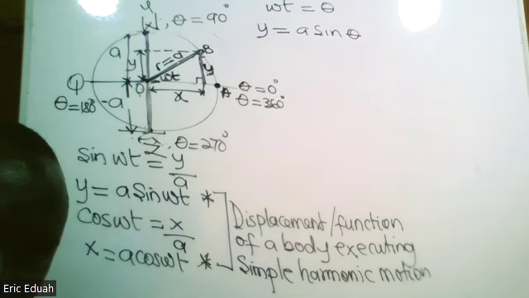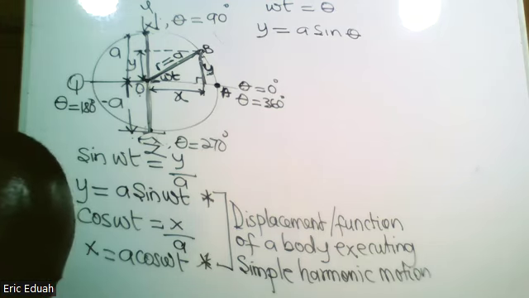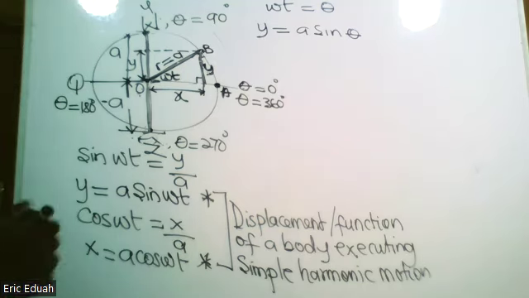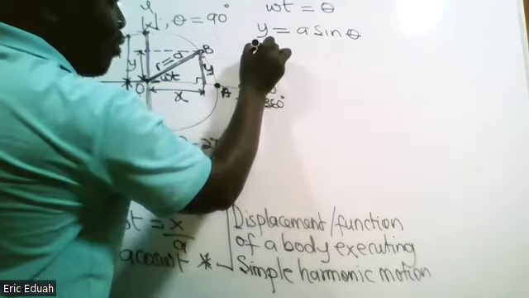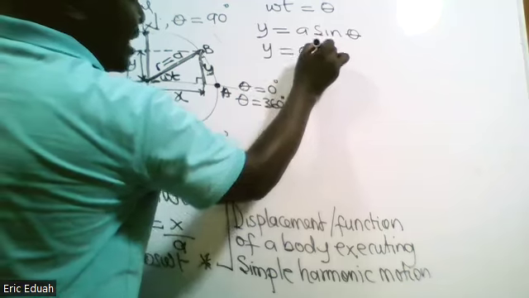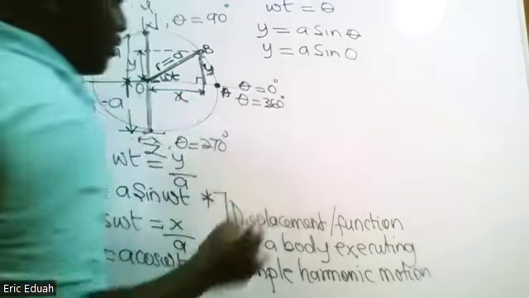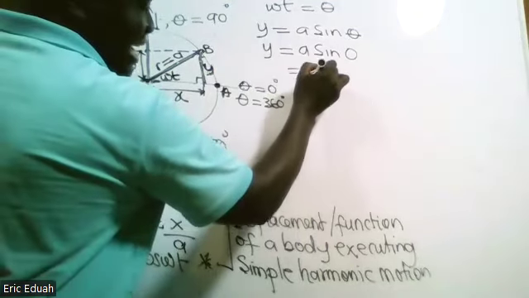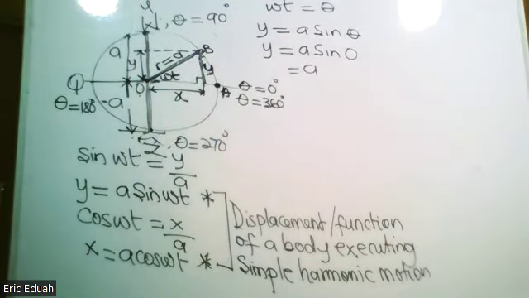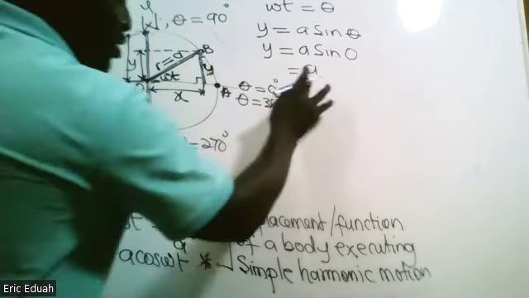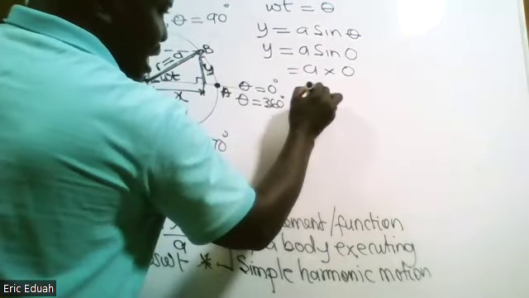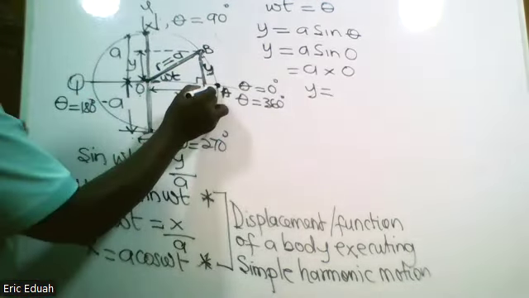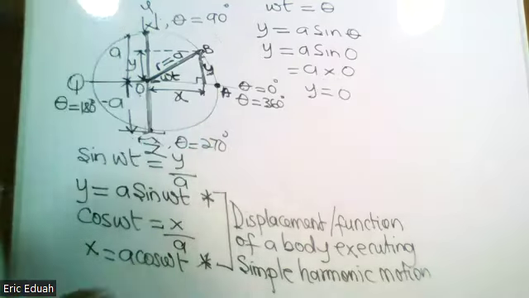There's no displacement. So displacement is 0, right? We can use this: y is equal to A sine 0. And what is sine 0? Sine 0 is 0. So when theta is 0, the displacement is 0.